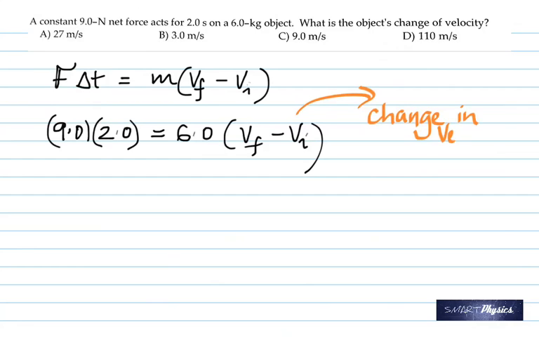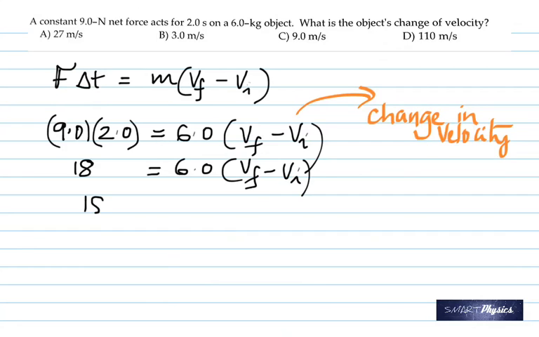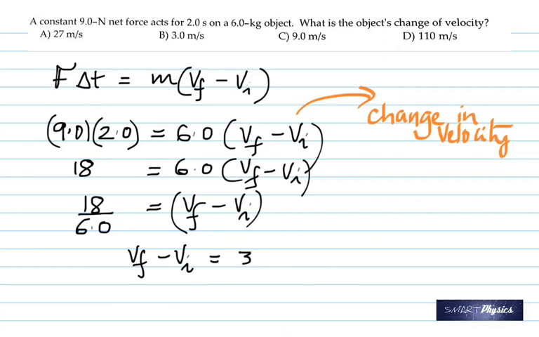But we are asked to find the object's change. And Vf minus Vi is just the change in velocity. So that's what we're looking for. Divide both sides by 6. And you would get the change in velocity as 3 meters per second. That is the change in velocity.